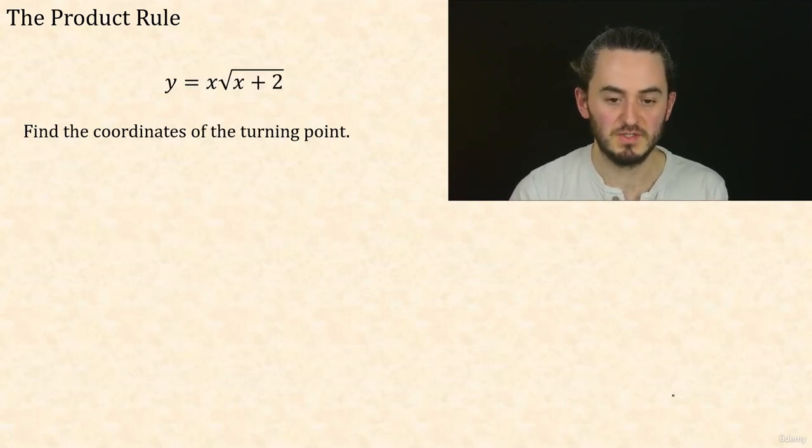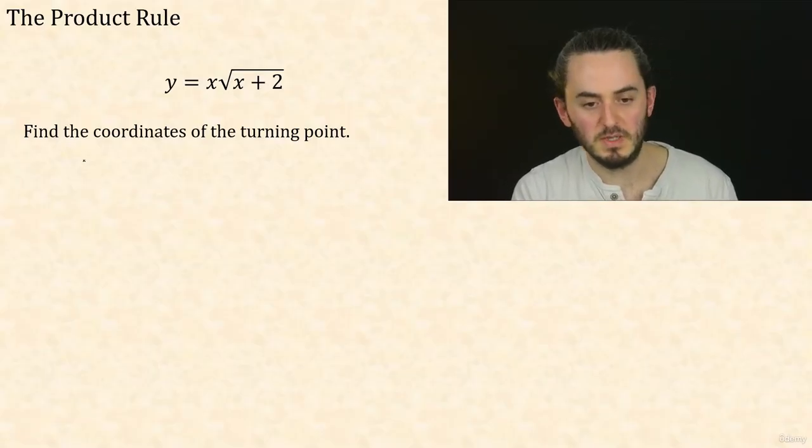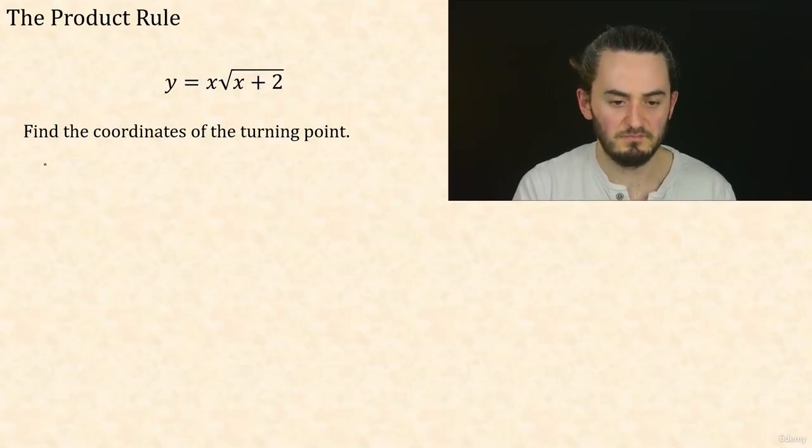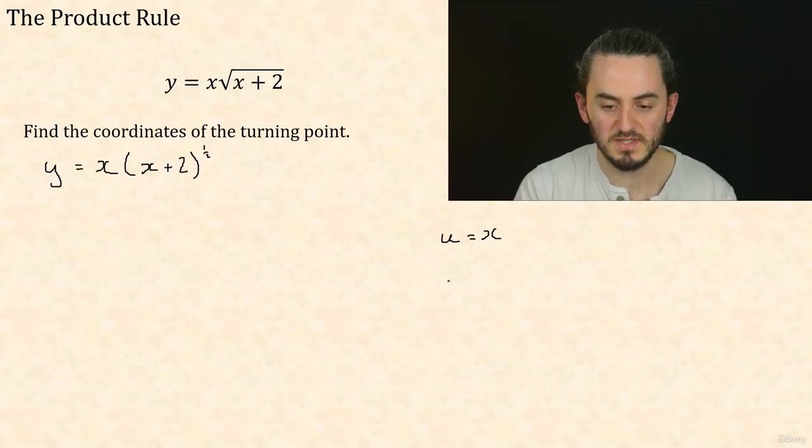All right, next question. Can we find the coordinates of the turning point for this one? Okay, so easiest to write this out in indices form. So that's x multiplied by x plus 2 to the half. So I'm going to write out my u's and v's here, just so I don't miss anything. So u is x, which means u dash is 1.